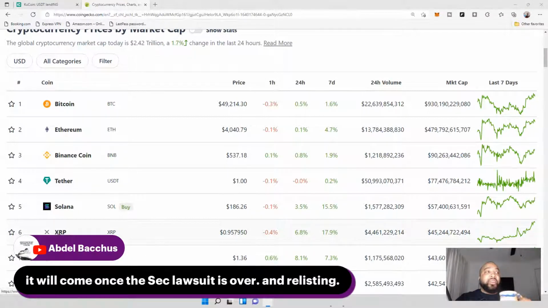XRP, because of what it does, and this is a bold statement, so let's see if this comes back right or wrong. I don't like making bold statements, but let's make one.